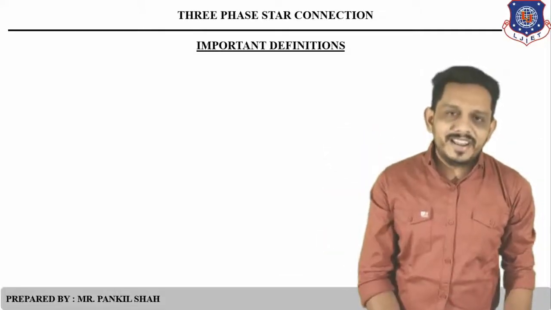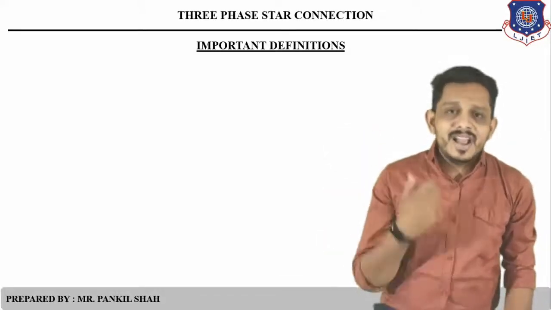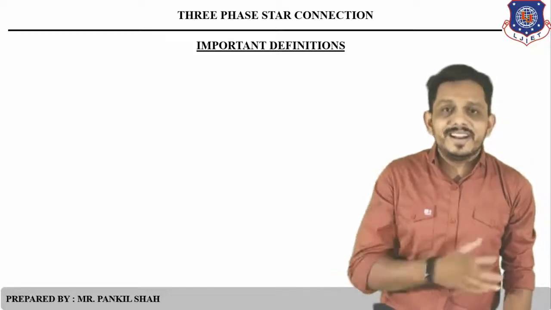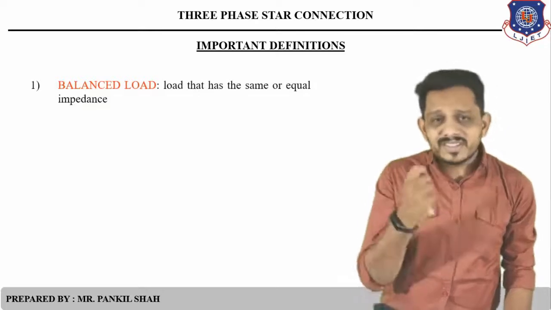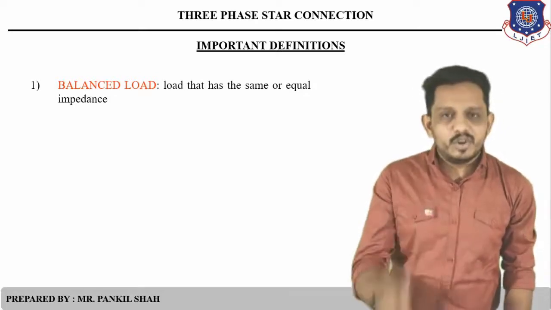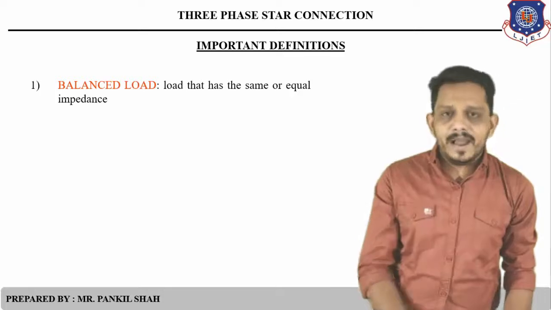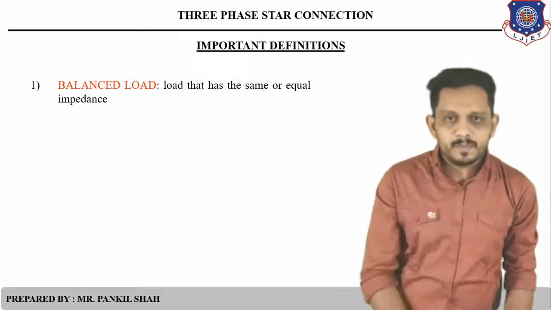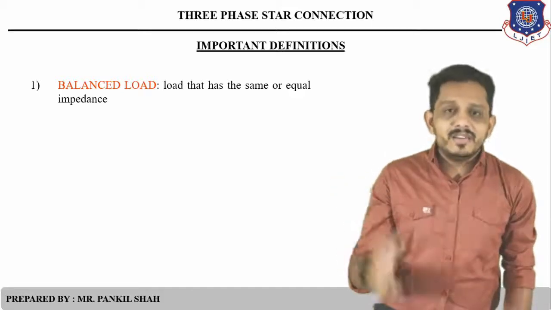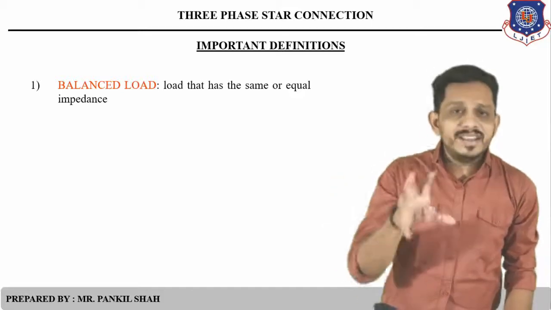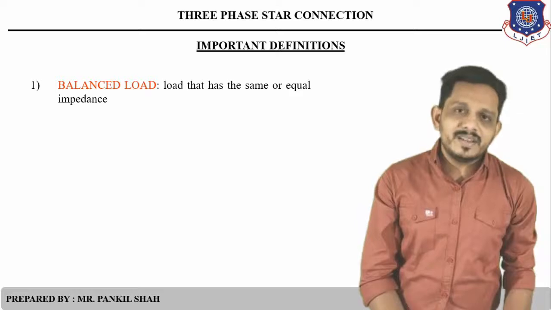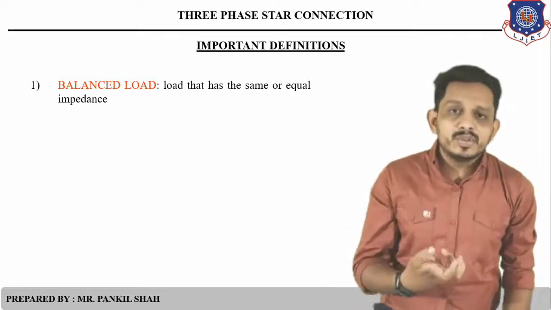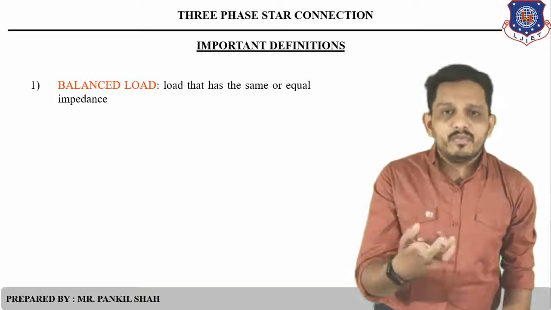But before starting with the star connection, let's discuss some important terms related to this three-phase system. The first important term is the balanced load. What do we mean by balanced load? We have a three-phase system and a three-phase load. We have seen in the earlier video that if our coils have an equal number of turns and an equal phase difference between each other, then they produce the same magnitude of voltage.